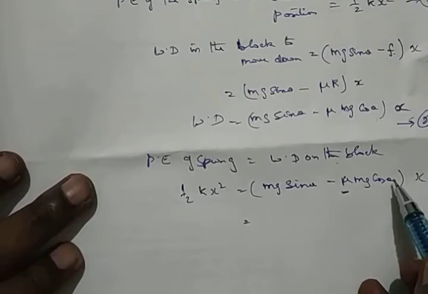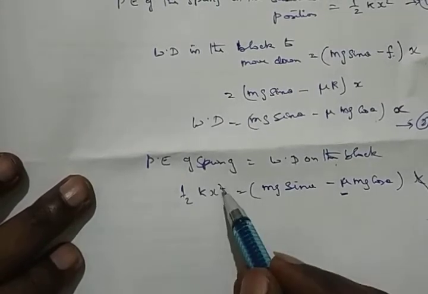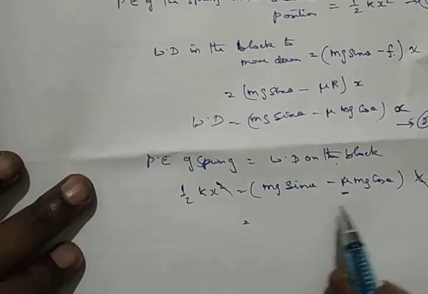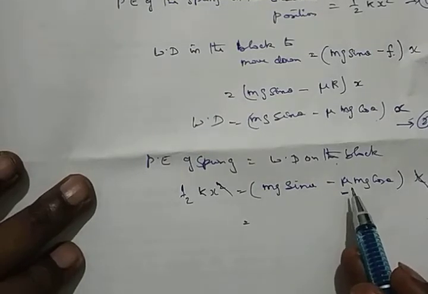Head on is this one and this one, it can cancel out, because the distance it is moved is equal to the extension of the spring also. So keep this one, take this one and bring it to this side.